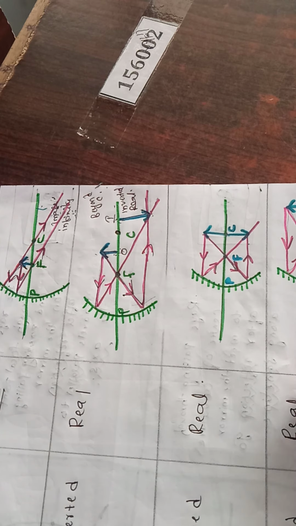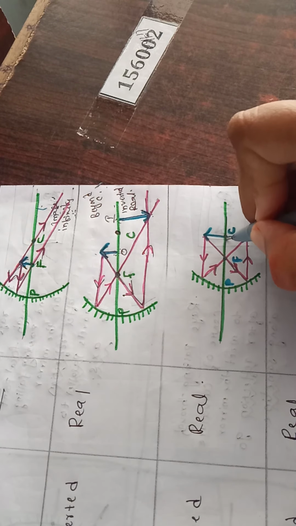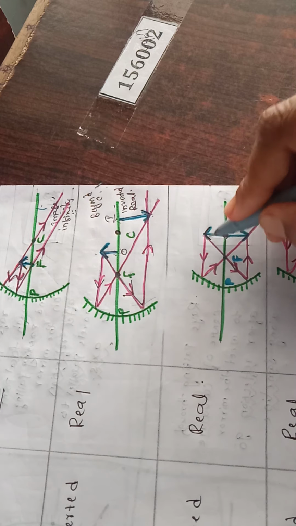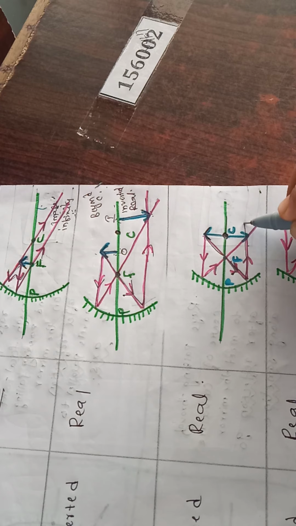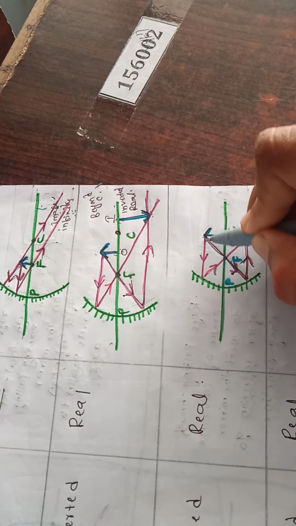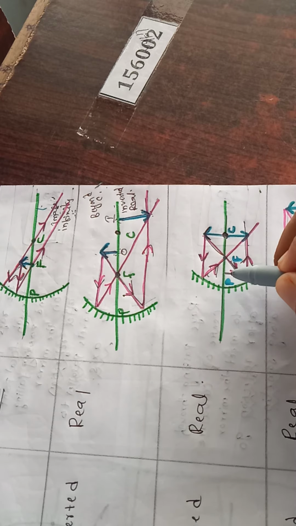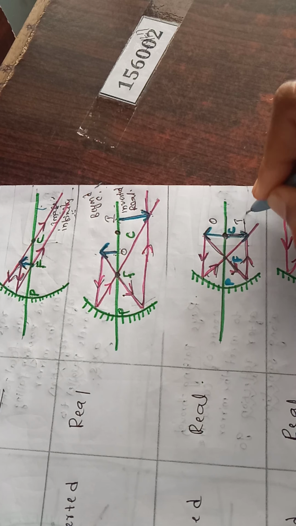Now next, let us see what happens when the object is placed on center of curvature. This is center of curvature. I kept the object on center of curvature. Now these are the incident rays. After reflection it is passing in such a way. Now this is also an incident ray. After reflection it is passing in such a way. Now see, this is the image formed. This is the object, this is the image.